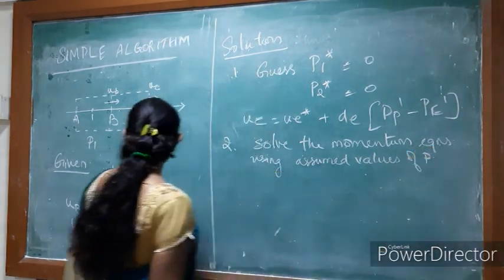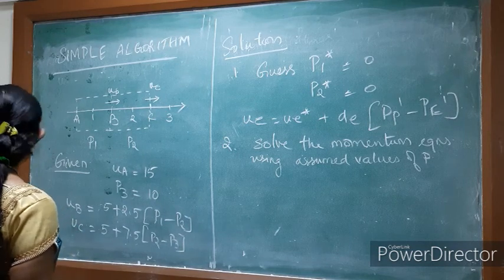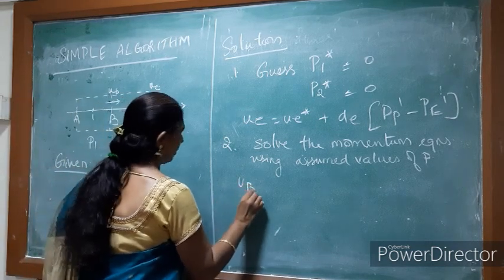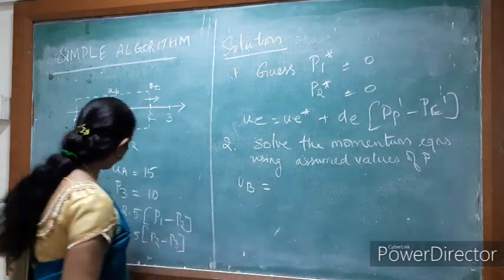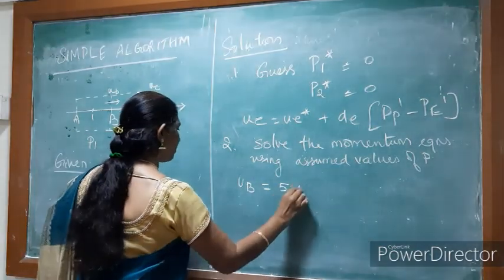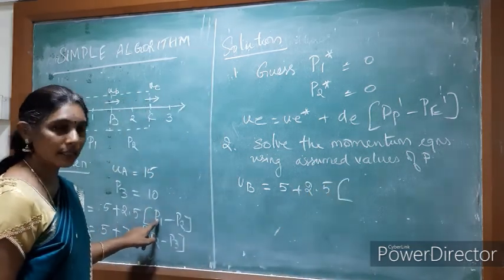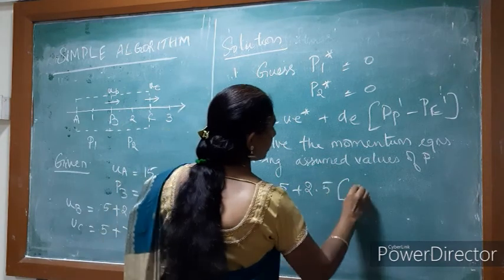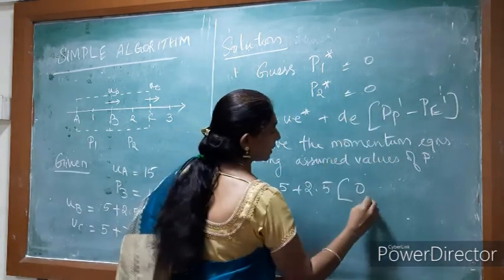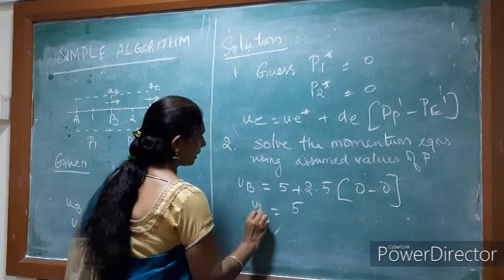Right? So UB and UC. I'm taking these two equations, UB and UC, that is a given expression. So it is 5 plus 2.5 into P1 star minus P2 star. So P1 star is 0 and P2 star is also 0. So you will get the value as 5.